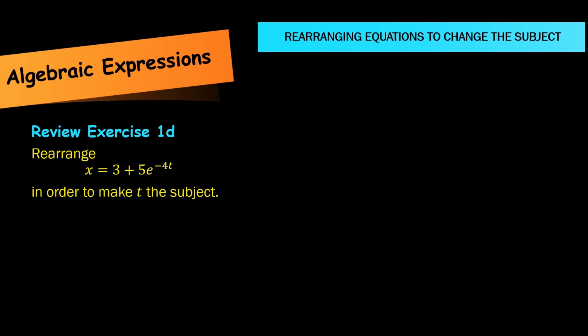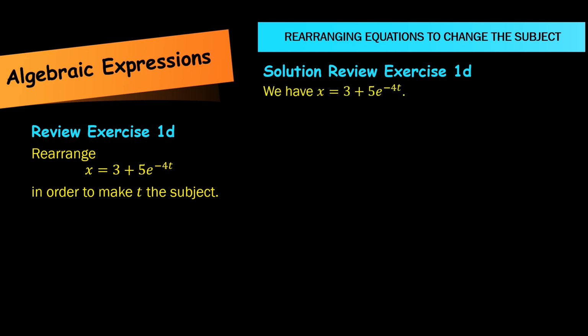Now let's have a go at part D. We are required to rearrange x equals 3 plus 5 e to the minus 4t in order to make t the subject. So let's solve this. Here's our equation. We're going to rearrange this so that we have the t's all on the left-hand side, as shown.